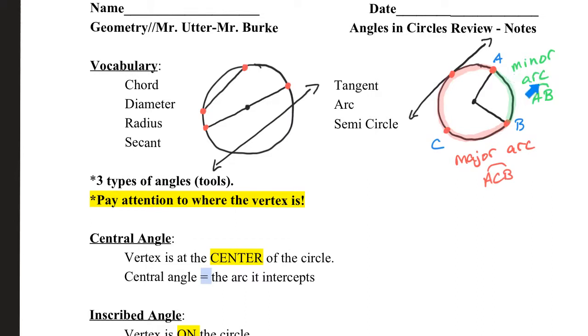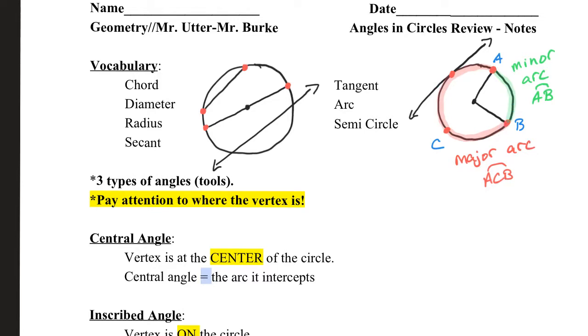We call the minor arc the smaller one, and that's usually denoted by two letters. That's how we denote an arc. And then we have a major arc, which is typically denoted by three letters. They'll usually throw this other point out here so that you know which way you are going, this way or this way.